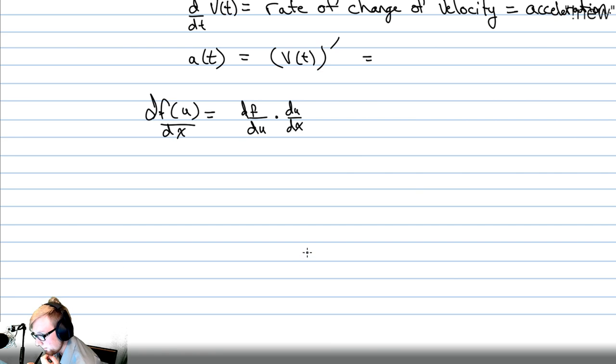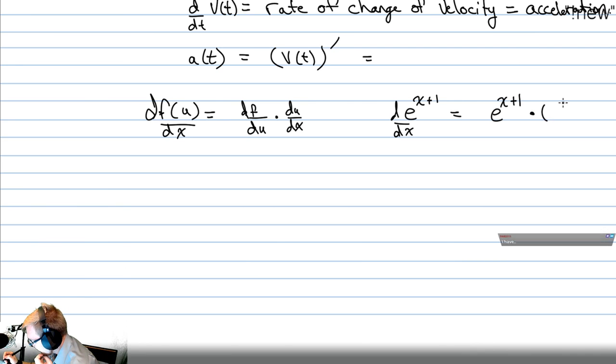That would be the chain rule. So, I'm sure you've done an example, like e to the x plus 1. The derivative of that would be e to the x plus 1, because we know the derivative, times the derivative of x plus 1.